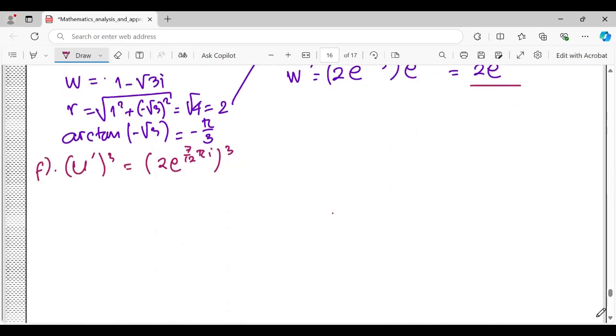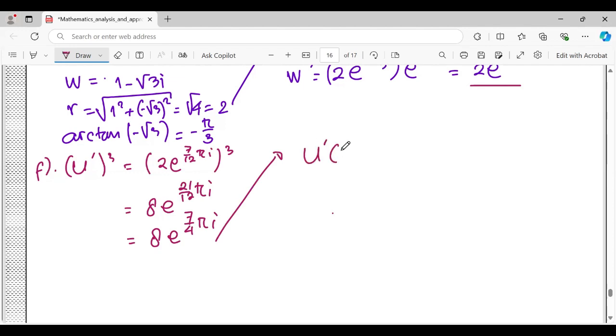But if you will find through P, or W, you can using that number. Next, the cube will be 8 e power 21 over 12 pi I, or it will be 8 e power 7 over 4 pi I. Okay, so sorry, Ux n cube, I mean.